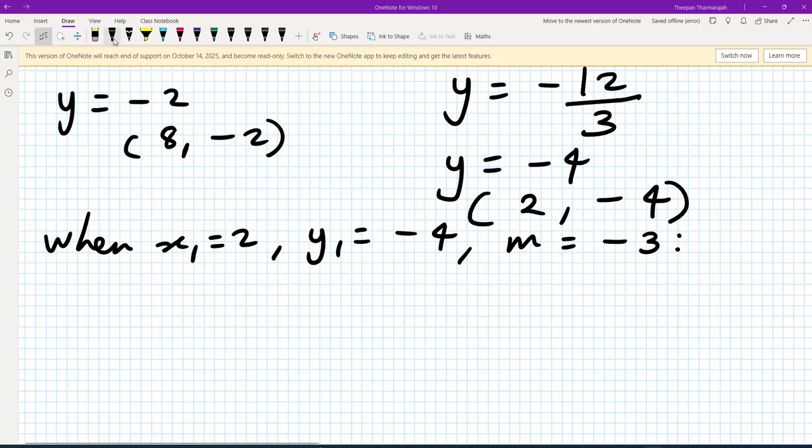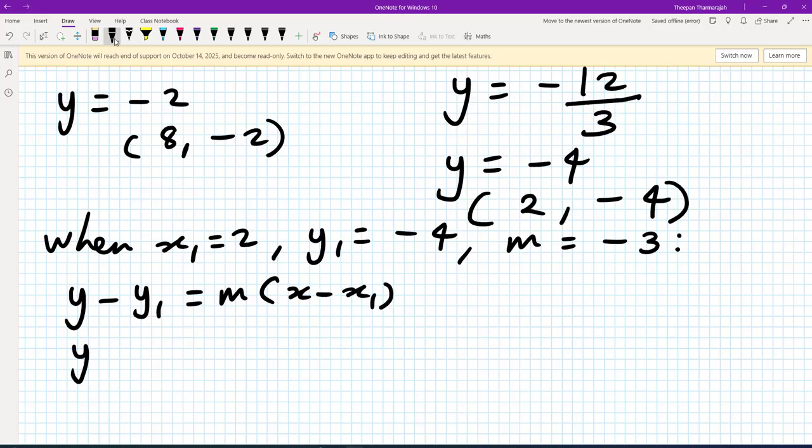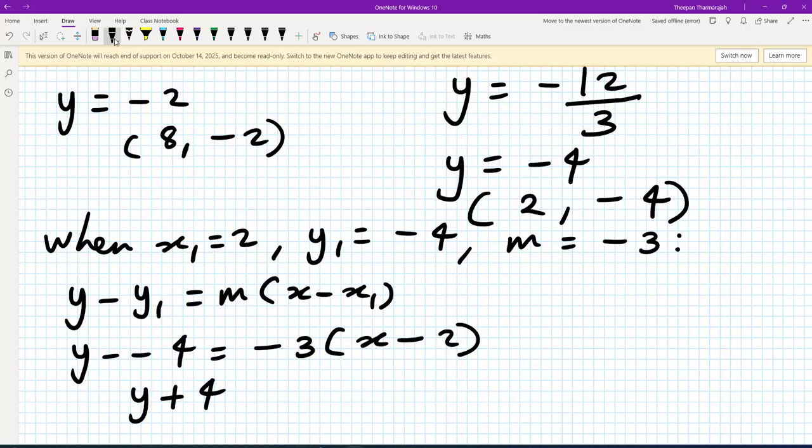So now we're going to work out L1. So we're going to say y minus y1 is m times x minus x1. So in our case, y minus minus 4 is minus 3 times x minus 2, y plus 4 equals minus 3x. Be careful, minus times a minus is a plus, so we get plus 6.